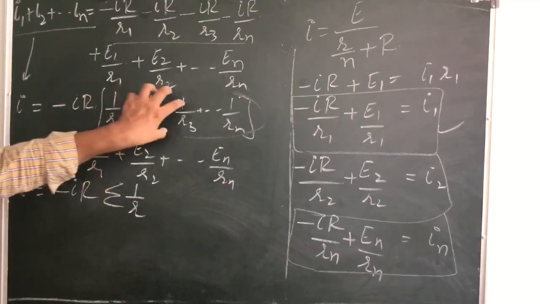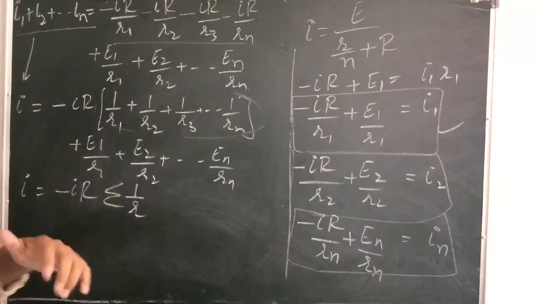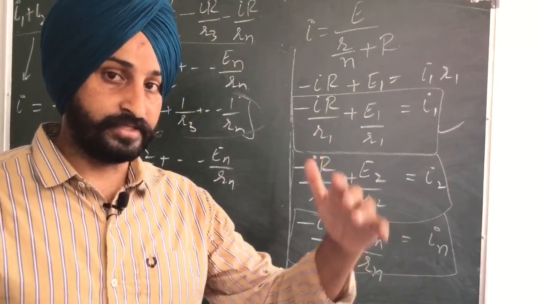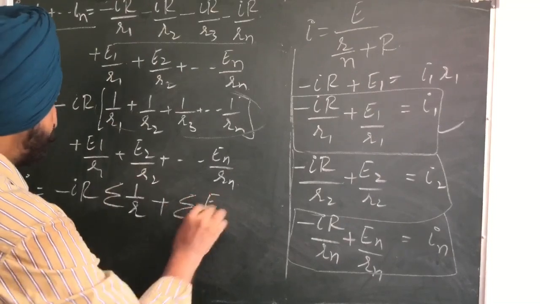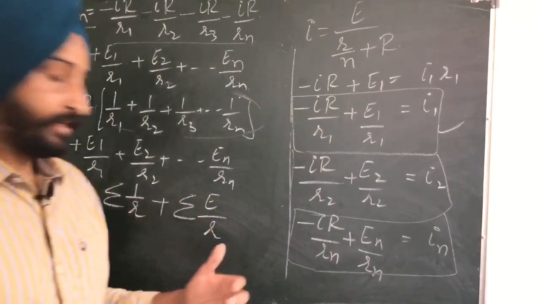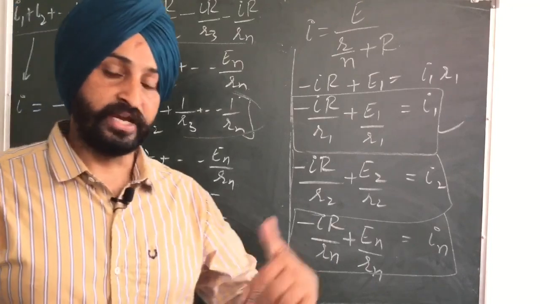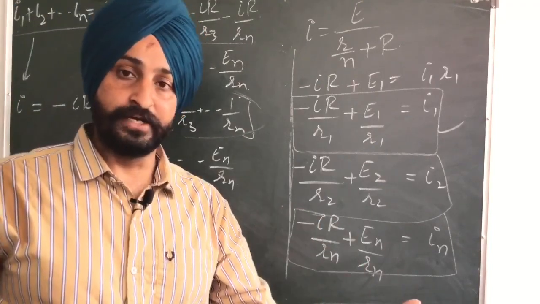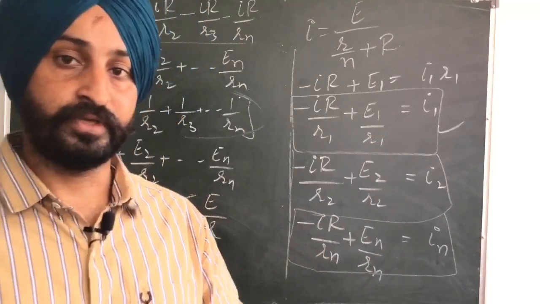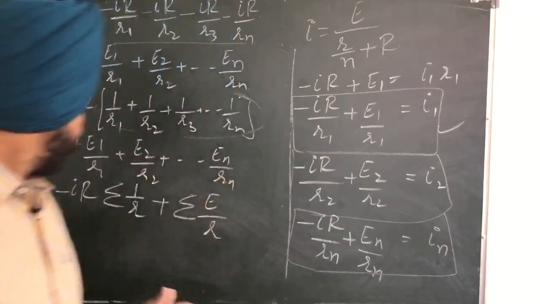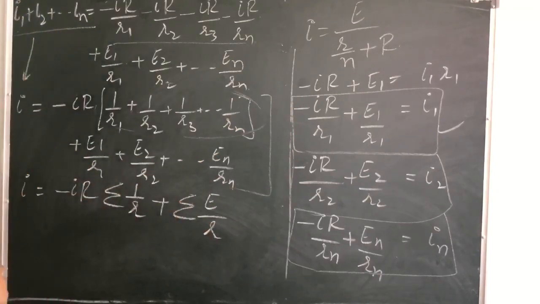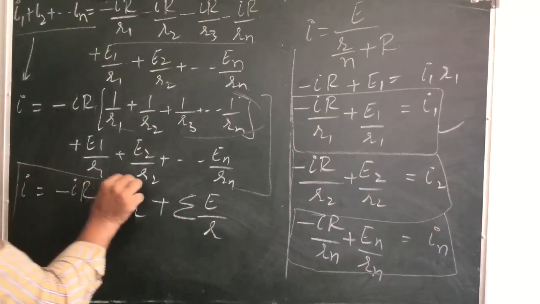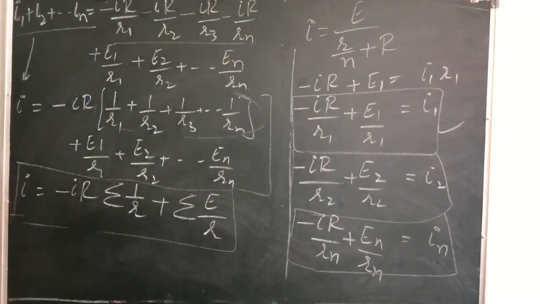So instead of all these values I am writing summation of all 1 by R's, right, plus summation of all E by R's. That means E1 by R1 would be added to E2 by R2, it would be again added to E3 by R3. So in this way, instead of a lengthy equation, I can write the equation in form of summations like this. So this is our formula.